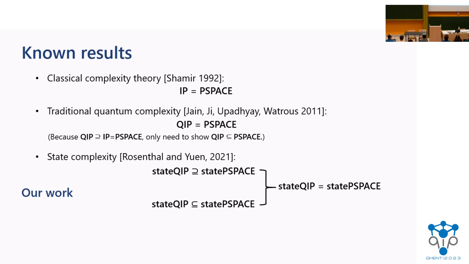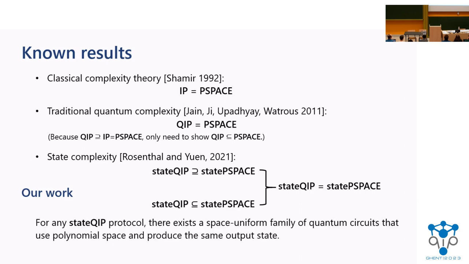So just to say this in words, because there are a lot of inclusions here, what do we concretely need to show if we want to show this inclusion? We need to show that if I give you any stateQIP protocol that produces some output state, you can find a space uniform family of quantum circuits that use polynomial space and produce the same output state as that interactive protocol. Okay, so we need some way of converting these protocols into these space uniform circuits to generate the same state.